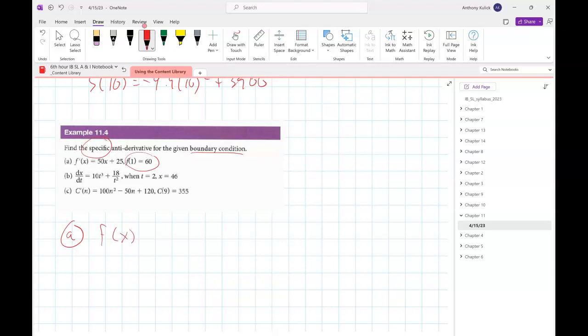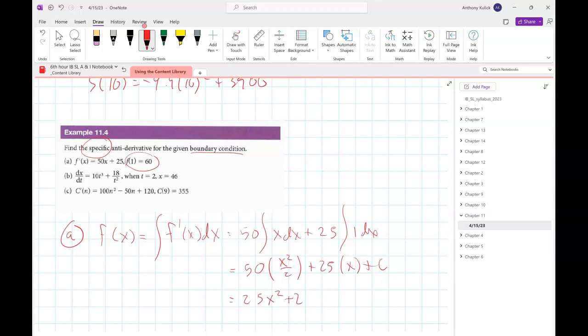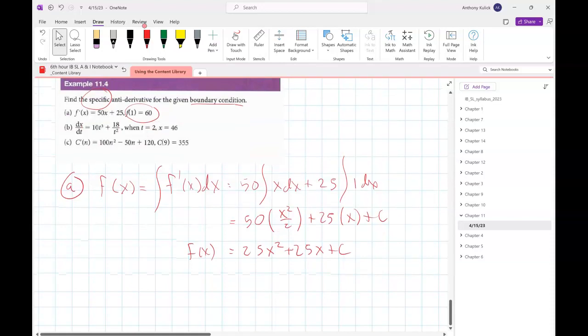So we know f of x is going to be the antiderivative of f prime. Filling in, I can distribute the integral and pull out the coefficients. So that's my general function for f of x.